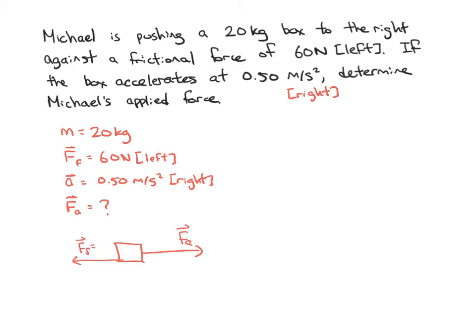And my frictional force is 60 newtons. Okay, I know that my applied force has to win because the acceleration's to the right, so the net force has to be to the right as well. There's gravity and normal as well, but they cancel out. I'm not going to draw that in here.